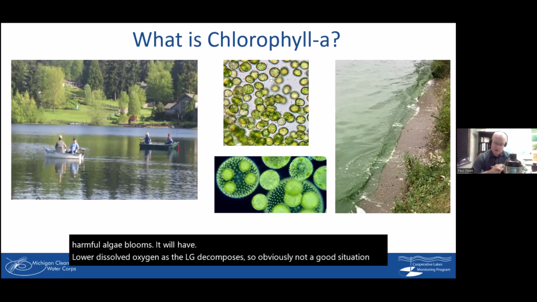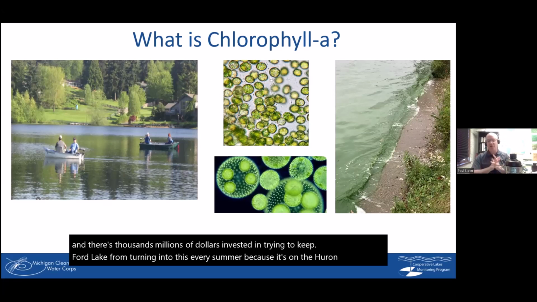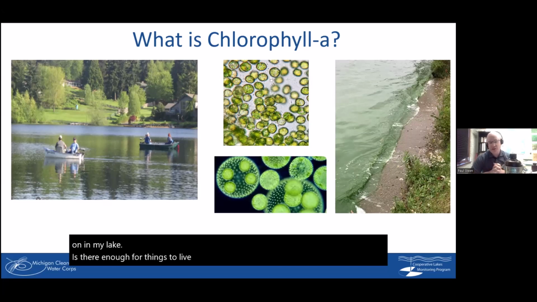There's thousands, millions of dollars invested in trying to keep Ford Lake from turning into this every summer, because it's on the Huron River, and there are all these communities upstream that contribute to this phosphorus. So this is a very important nutrient to have a handle on, so you understand what's going on in my lake. Is there enough for things to live? Is there too much? So that's what we're getting into today.